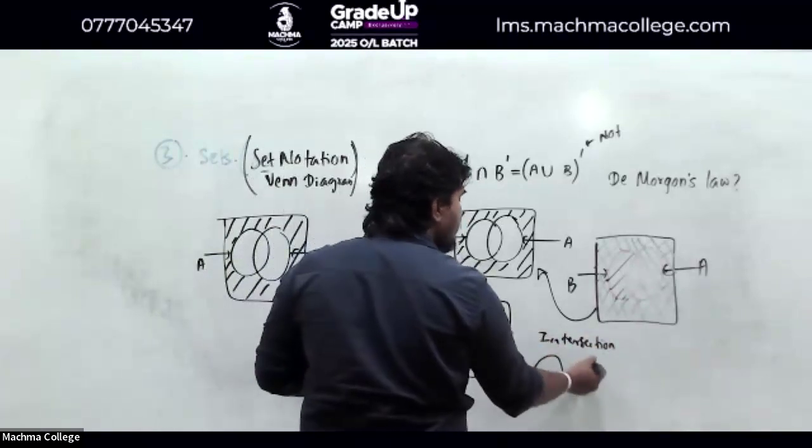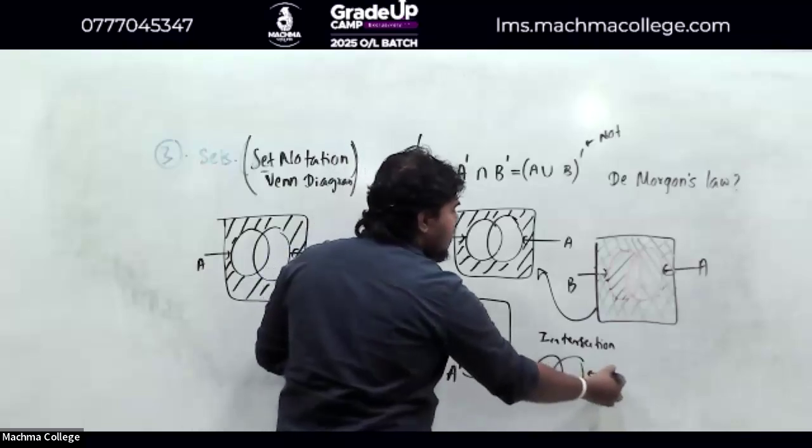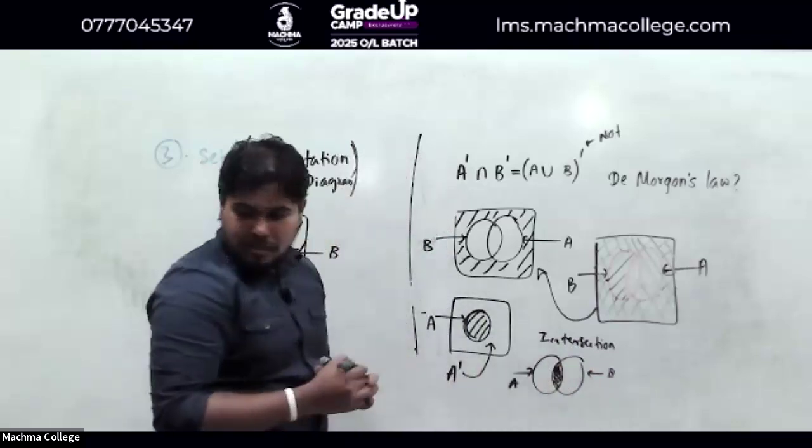Let's say this is set A, this is set B. Intersection means the common region for both of them. That is intersection.